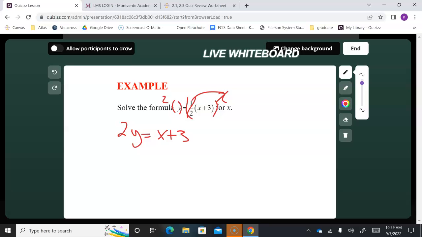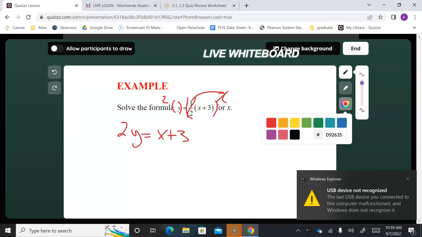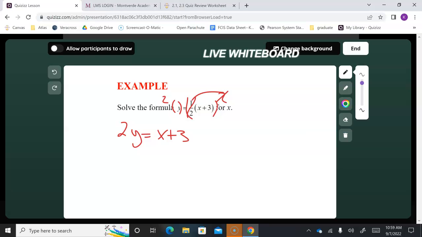Now, last step should be subtract 3. Okay, so subtract 3, 2y minus 3 equals x. Again, they're not like terms, so I can't actually subtract them, so we just show it, we just write it.